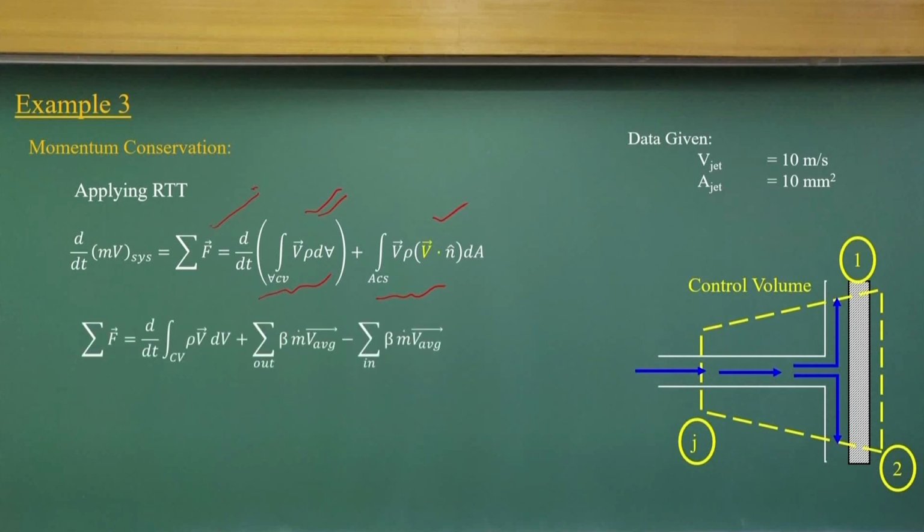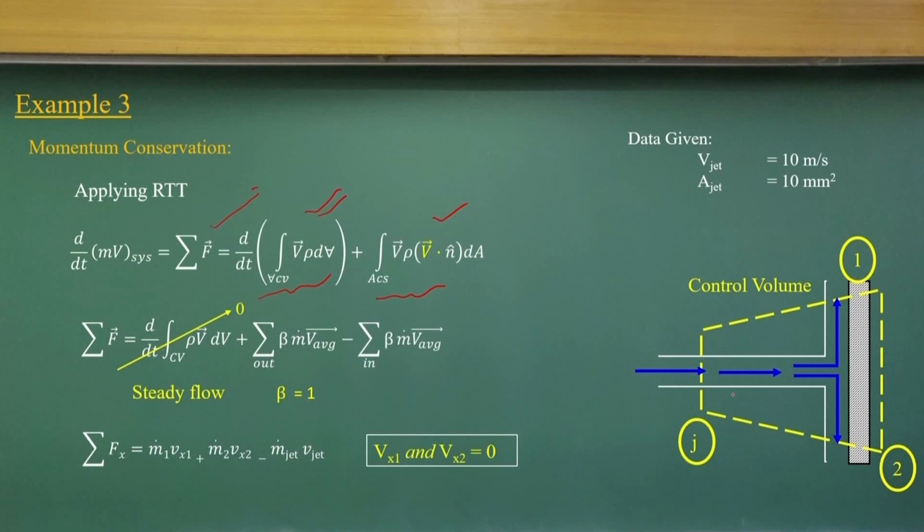If I put that in and take the assumptions of steady flow, with the flow impacting in the x and y directions, and resolve the velocity components, there are three components, 1, 2 and the jet direction. So, the sum of the forces acting on this will be the momentum flux in the x direction exiting from this, the momentum flux in these directions exiting out, and the momentum flux coming into this one.